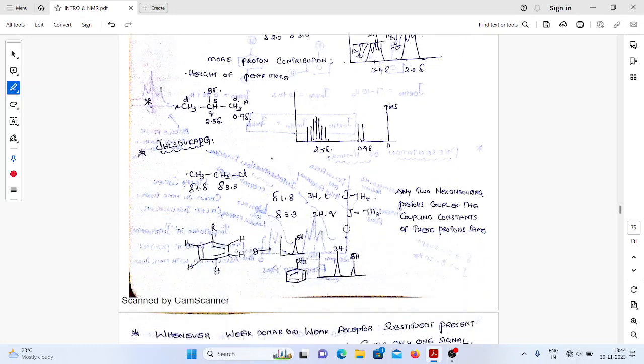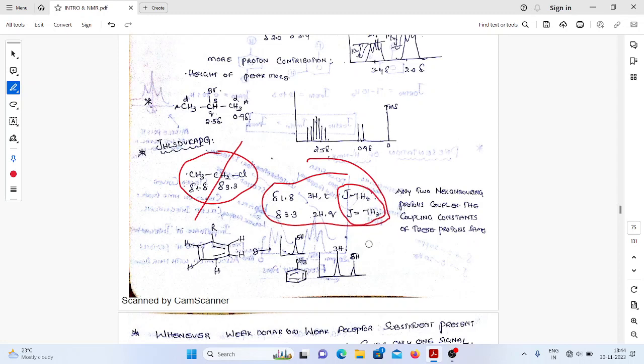Here J values are there. What is the use of the J value? The J value is used to identify the number of neighboring protons. See this one. We have a molecule that is ethyl chloride. Assume that you don't know this molecule. You have data like this: 3 protons triplet, 2 protons quartet.